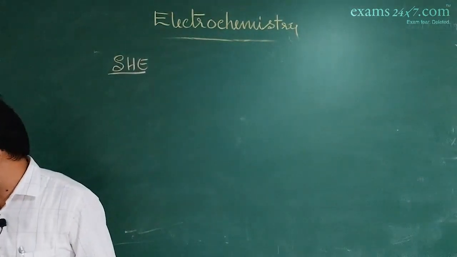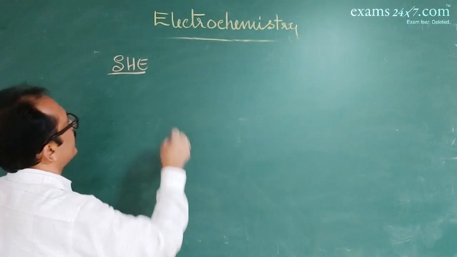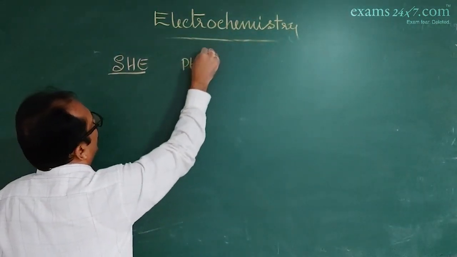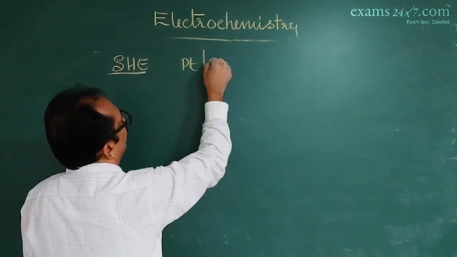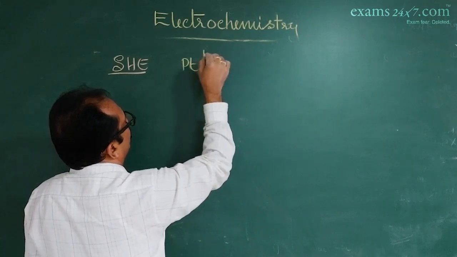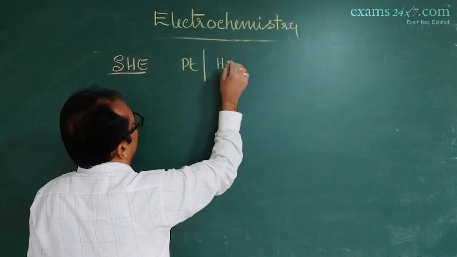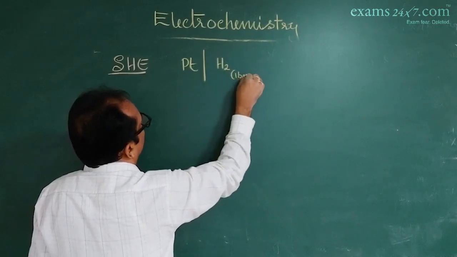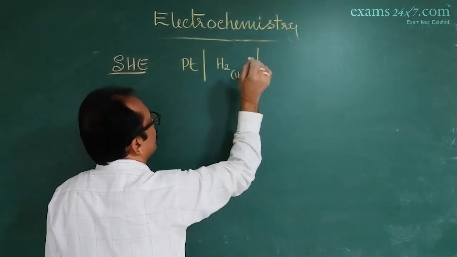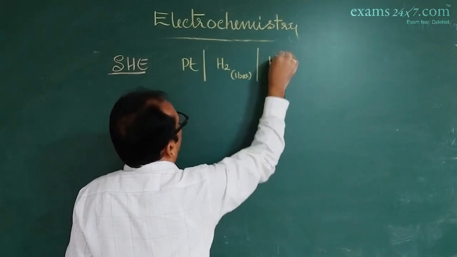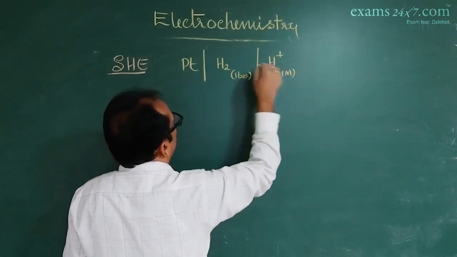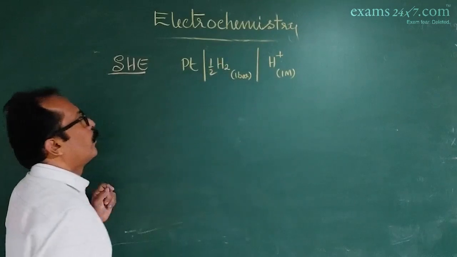It is represented like this: inert metal platinum, hydrogen gas at 1 bar pressure, then H+ ion, with the strength of H+ ion being 1 molar.